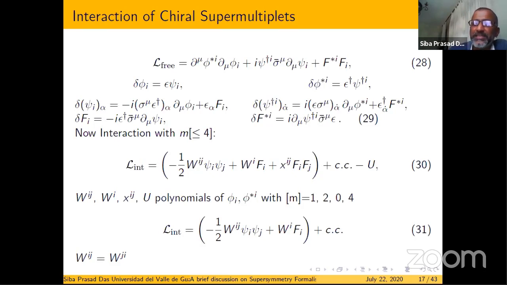Then L interaction is equal to these kinetic terms and minus the potential energy, which is called U. And these W_ij, W_i, X_ij, U are polynomials of the scalar field or the complex field with the mass dimension correspondingly, because each has a mass dimension, and the maximum I can allow is up to 4. So the first term is a 1 because psi already has a mass dimension 3. So I can maximally allow W_ij equal to 1, and correspondingly for the others. So this L interaction is minus W_ij psi_j plus F_i.